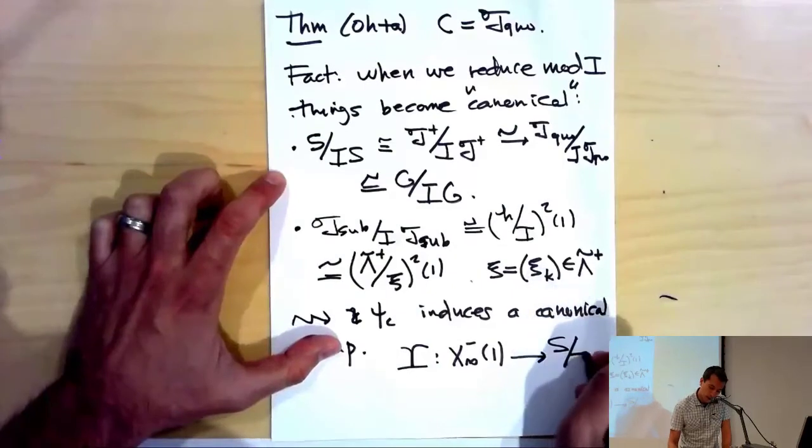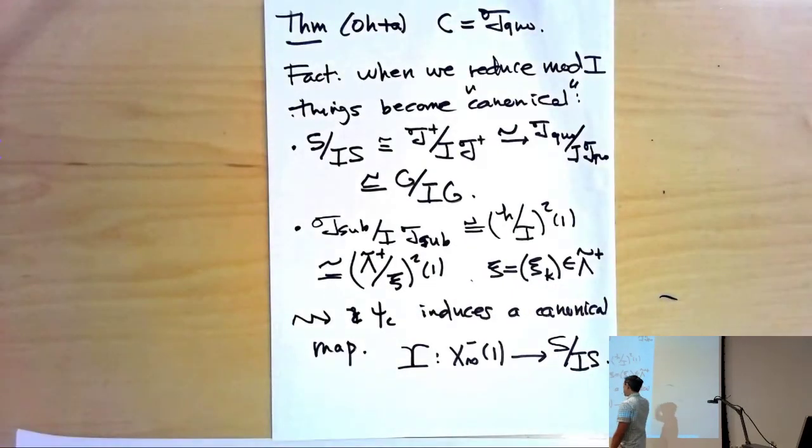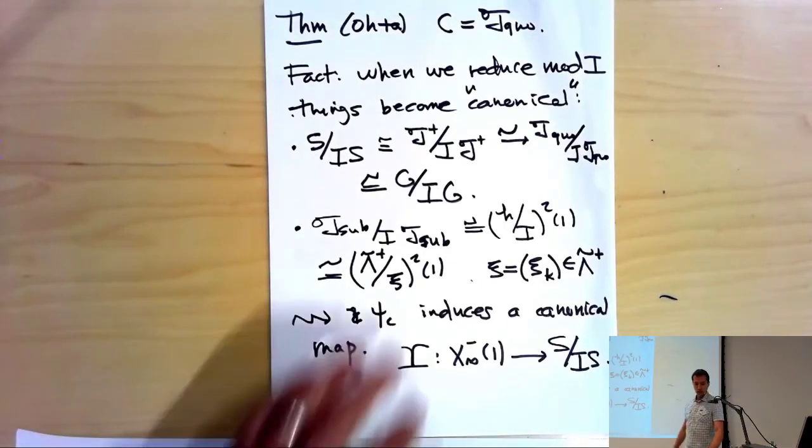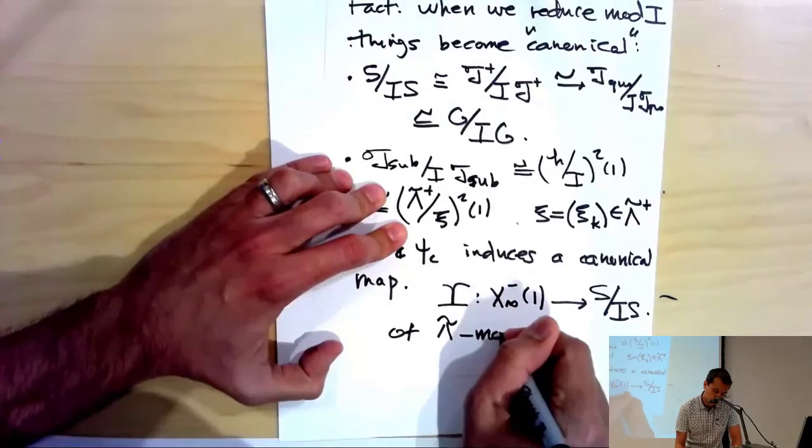So I get a canonical map like this. And now you'll notice this is between exactly the same groups that my var pi was between, but in the opposite direction. And so this is of lambda tilde modules when I use a Galois action on the left and Hecke inverse diamond action on the right.